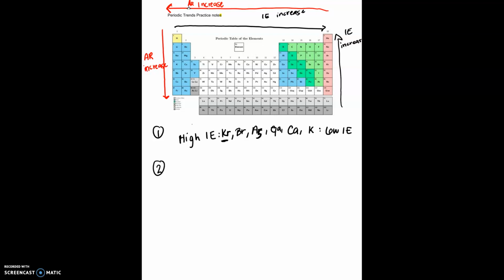Very good. So number 2 gives us the following elements.